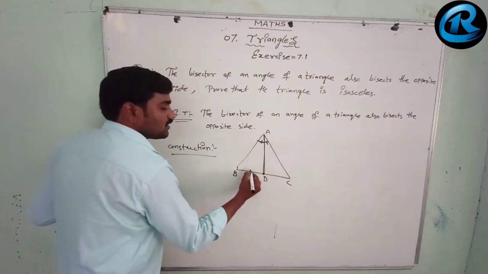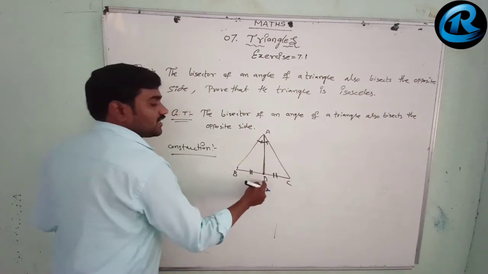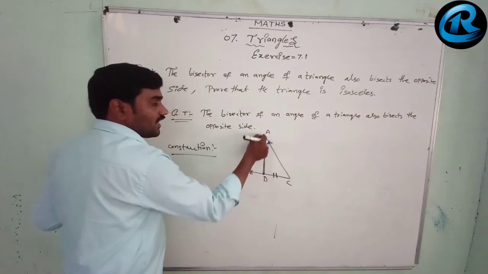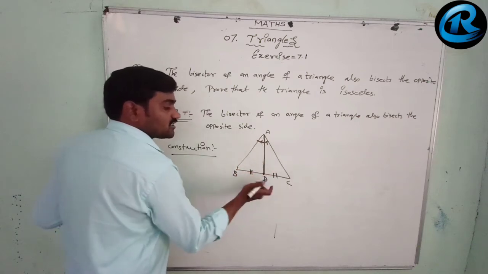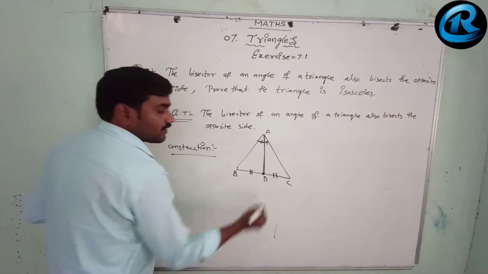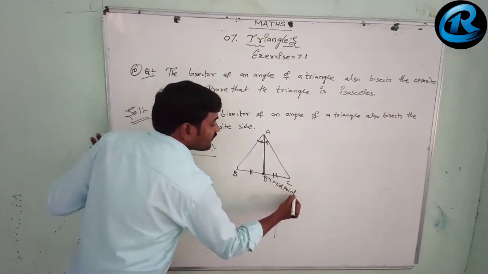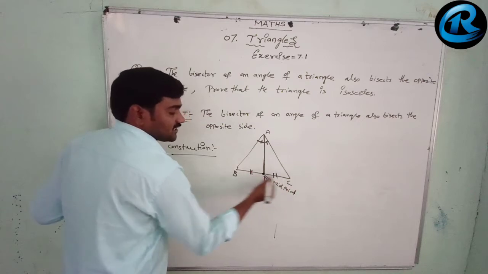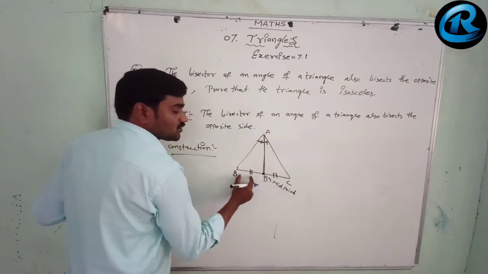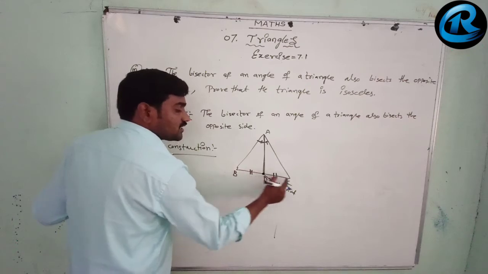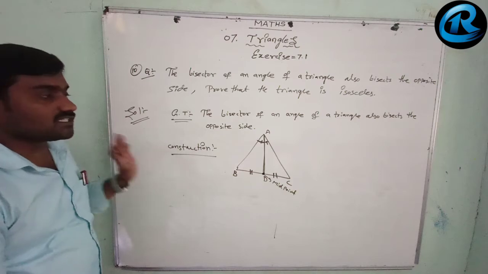Suppose this is D. That means the bisector of the angle intersects the opposite side at the midpoint. If it is a midpoint, it is bisected. Midpoint means it divides into two equal parts, that is, BD is equal to CD. So this is the construction now.